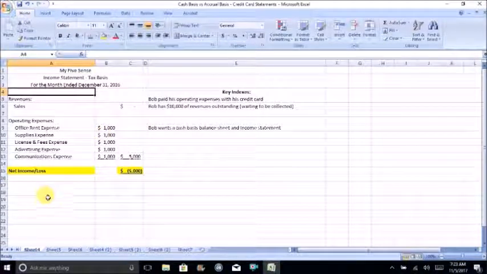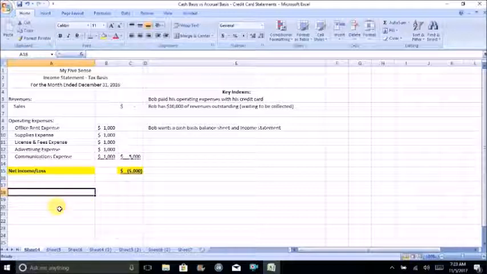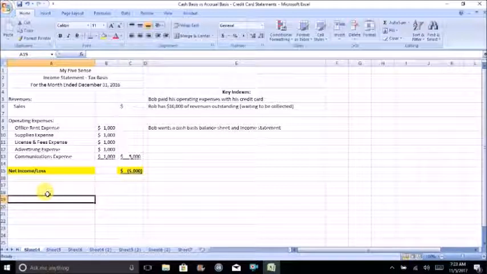So this ended up taking a twist and a turn, but that's about it for our discussion today. Cash basis income statements, or cash basis versus accrual basis.